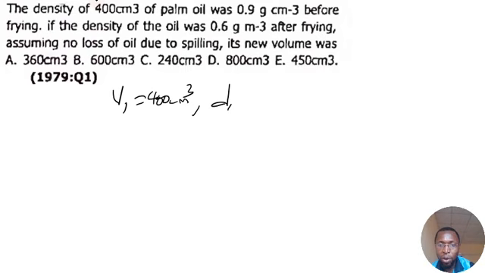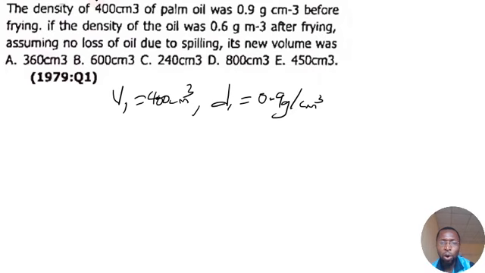So the density of the oil is 0.9 gram per centimeter cube, before frying. So this is V1 and D1.